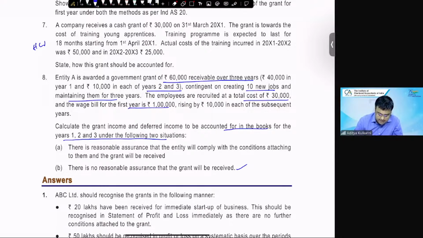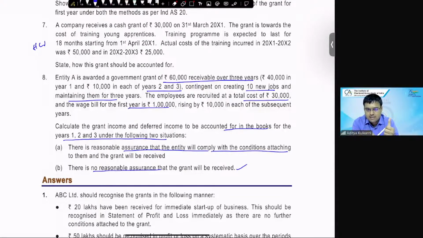Situation A, there is a reasonable assurance that the entity will comply with the conditions and the grant will be received. Situation B, there is no reasonable assurance that the grant will be received. Okay. So first one, you have received a grant of how much? Grant value is how much? 60,000. Is it okay?